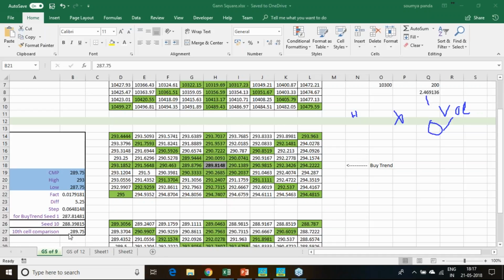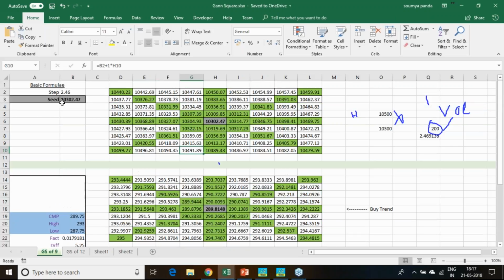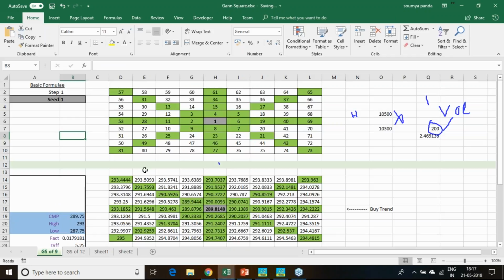I am just going for a very small example here. The 10th cell, so this is cell number 1. If you see it one by one, it will be much clearer. So if I take 1 and 1, this 81, the 10th cell here, one circle is gone.